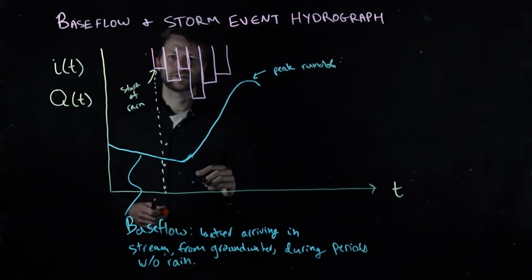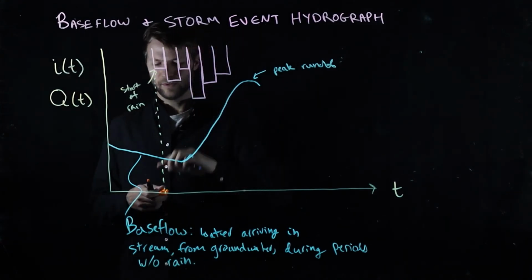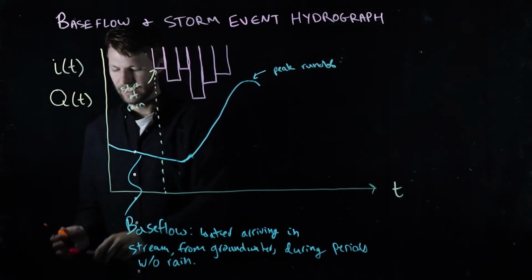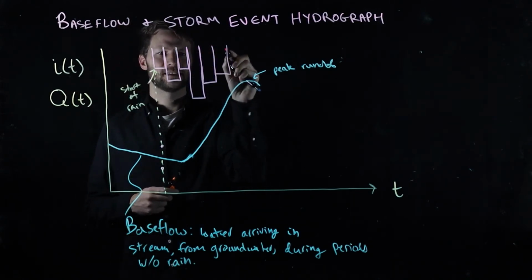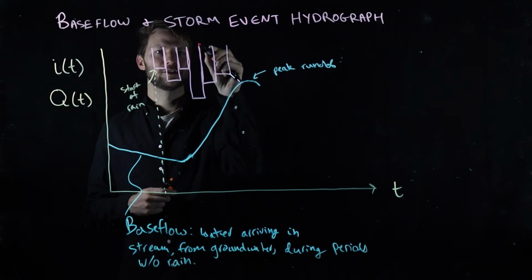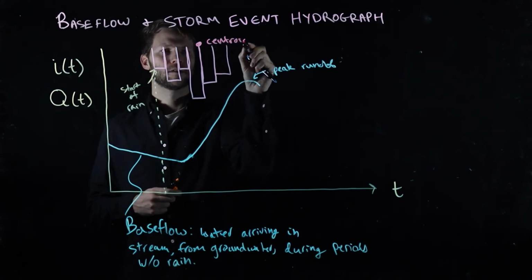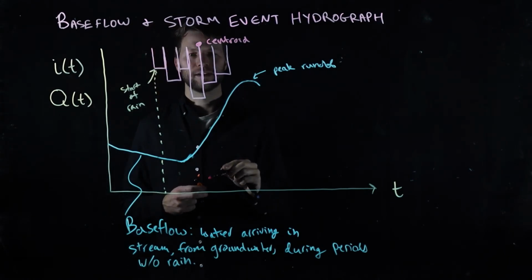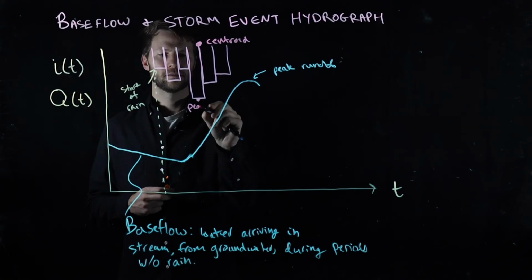And we can describe a couple of different lag periods. We can describe one which is the time from the centroid of the rain event. So let's say that that's the average. So this is the centroid, or the center of mass of the rain event. We could also describe it here from the peak rain.